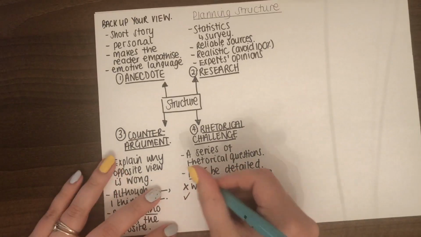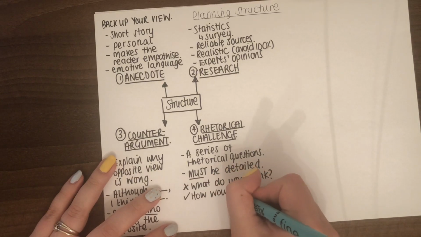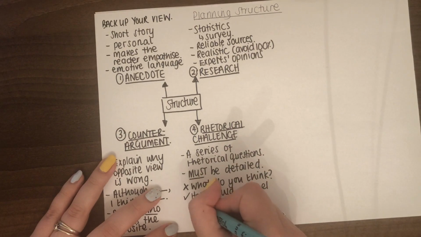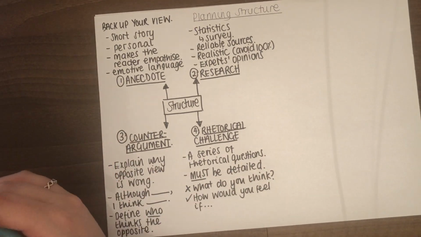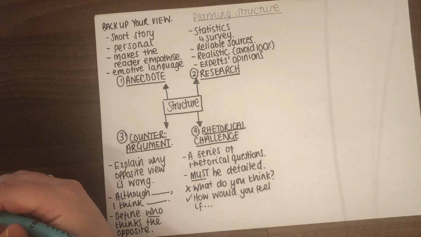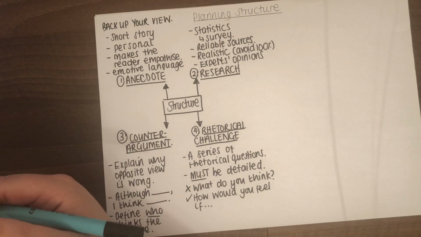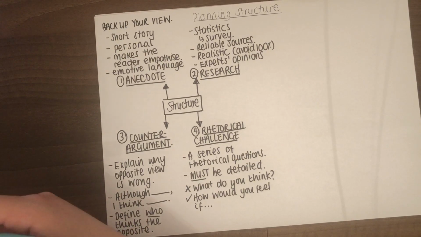The types of things we're looking for is, how would you feel if? And then you explain a situation that backs you up. So how would you feel if you spent every day of your working career trapped in a tie that felt like it was suffocating you? That is making the person who's listening think about how bad uniform is. It's not making them think what they think.